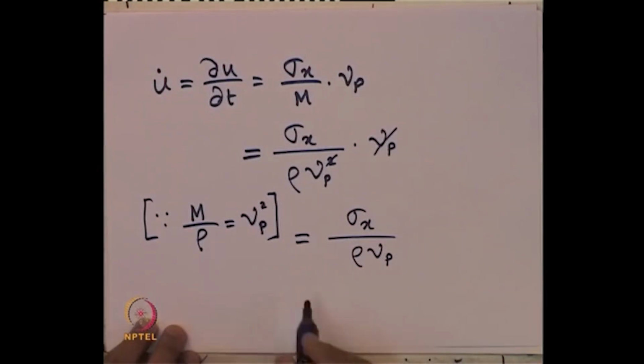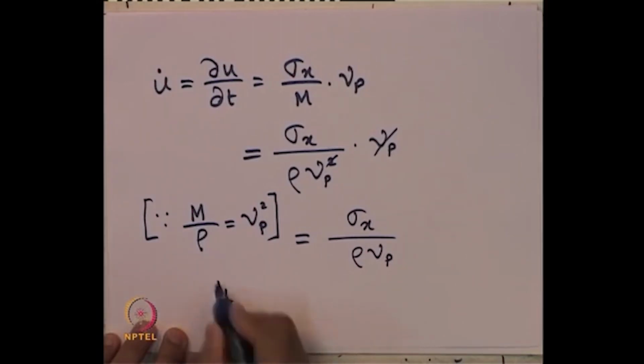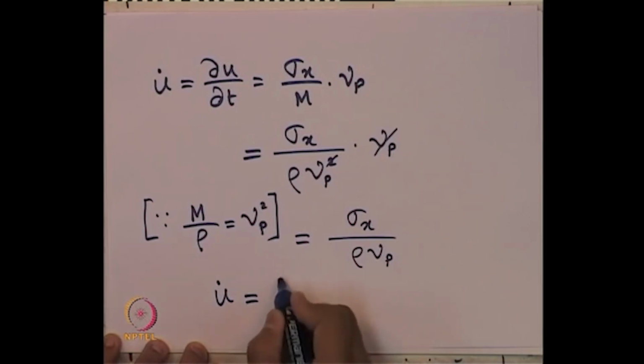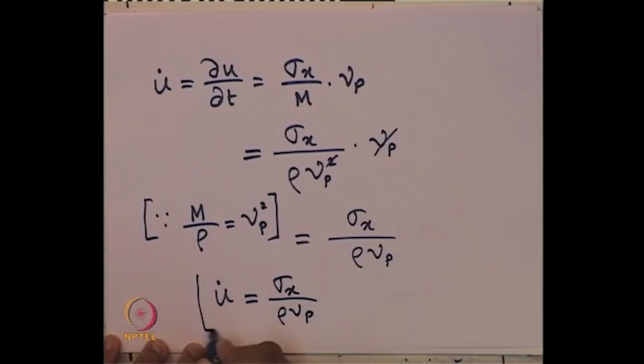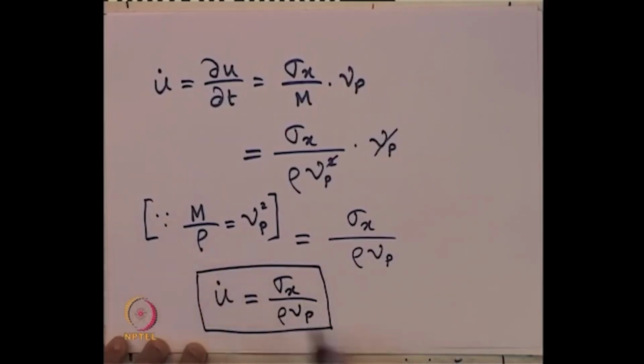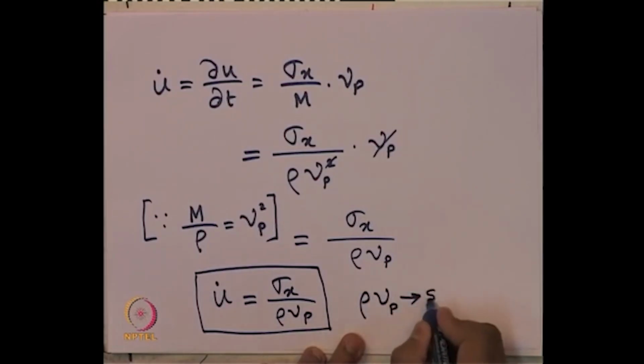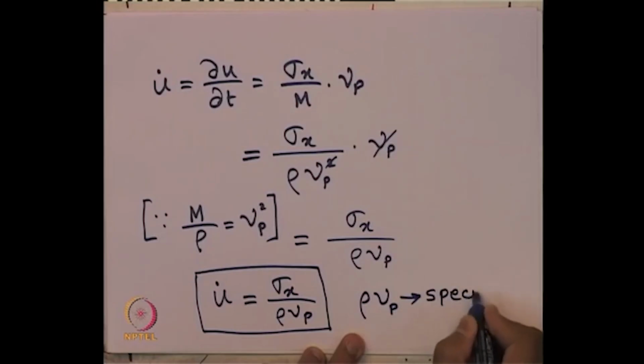This is an important relationship once again, because it gives us the particle velocity due to the movement of a wave in this longitudinal direction. So, this is the velocity of the particle which can be estimated using this relationship, and in this relationship the parameter rho times V p is called specific impedance.